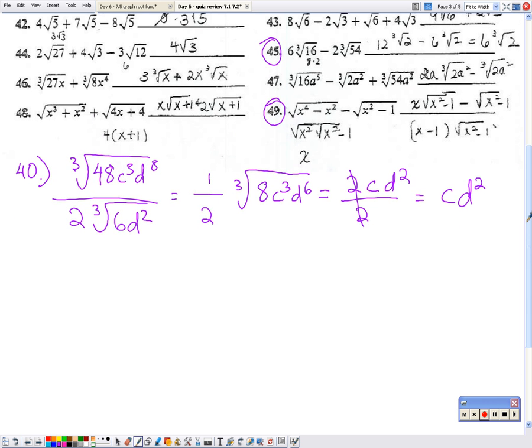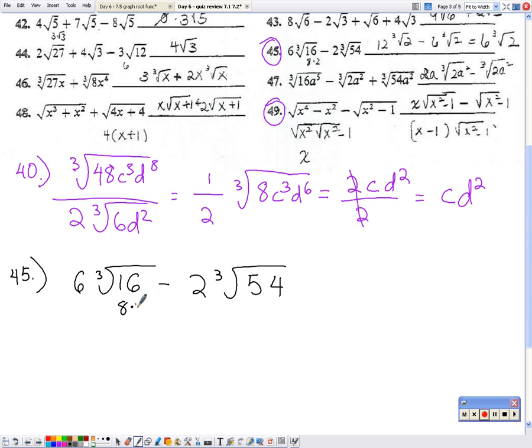All right, let's look at 45. 45 is 6 times the cube root of 16 minus 2 times the cube root of 54. Well, I'm going to reduce the cube root of 16 by thinking about it as 8 times 2. The cube root of 8 is 2. This 2 is just going to stay inside the cube root. So this is going to become 12 cube root of 2.